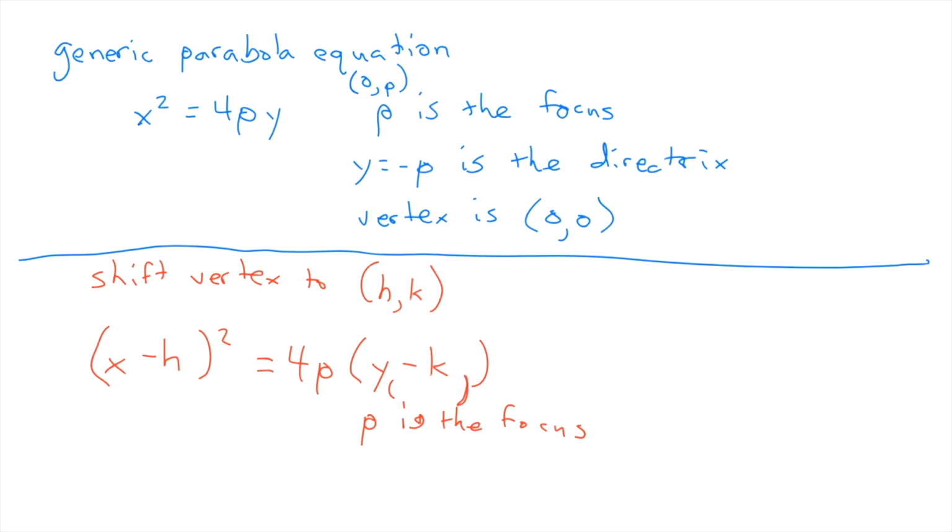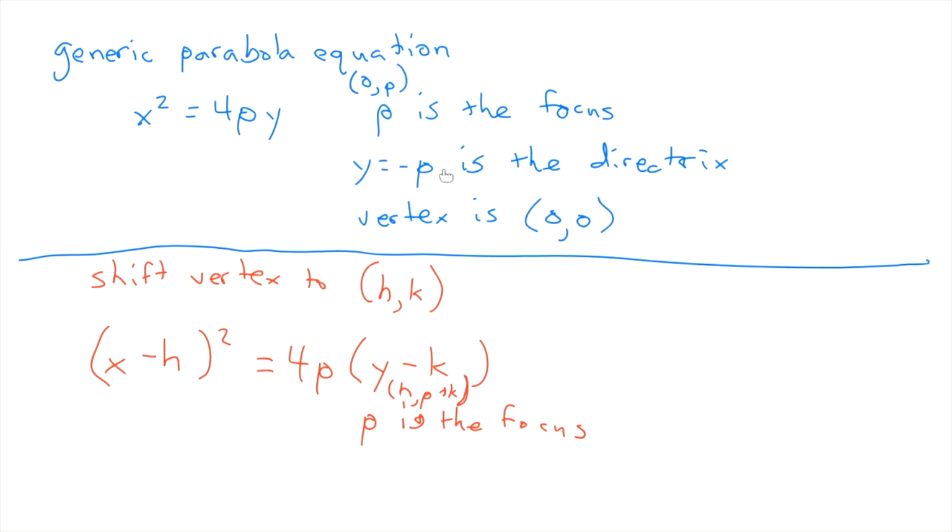P is the focus. It's not really P, it's really 0P. Except it's not 0P because 0 has been shifted by H, and P has been shifted by K. And so there's the focus. It's at H, P plus K, which is really 0P, except I've shifted it by HK.